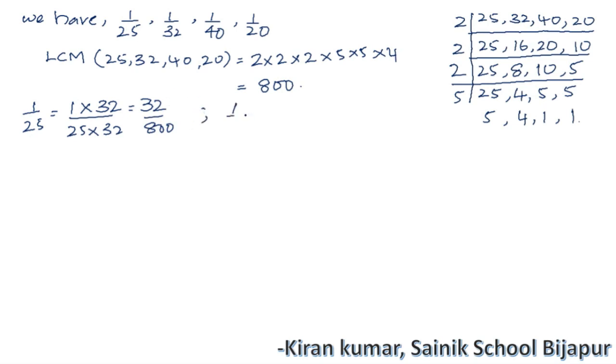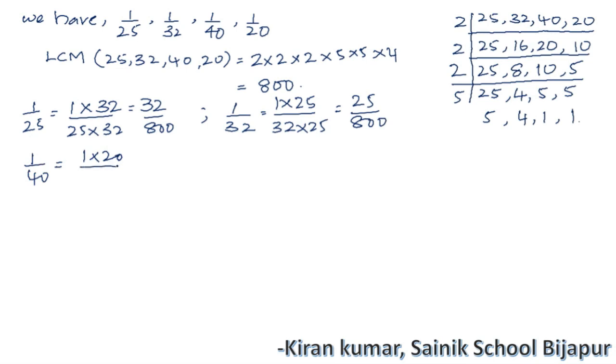Then I'll write 1 by 32 as 1 times 25 by 32 times 25. We get 25 by 800. 1 by 40 is written as 1 times 20 by 40 times 20.